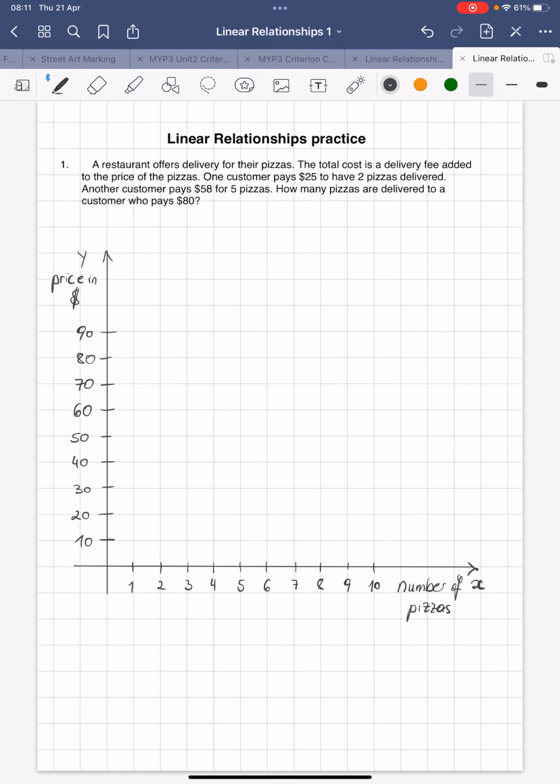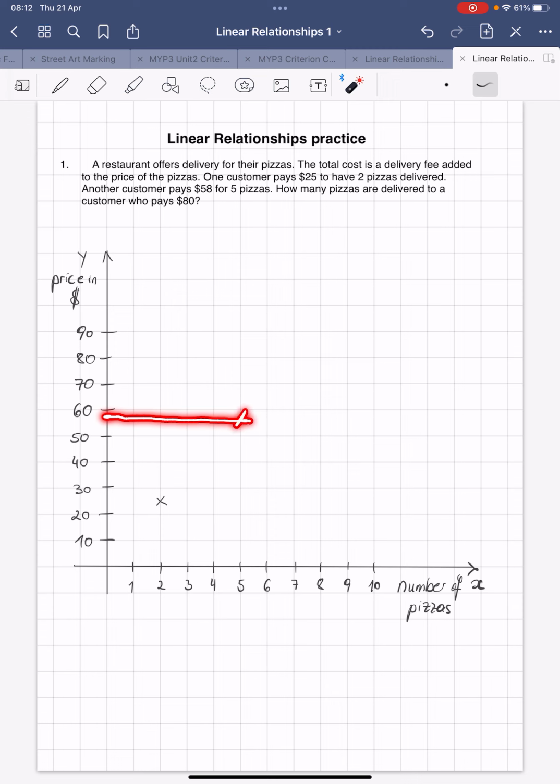So that's where the point is going to go. Right there. Then I have got 5 pizzas for $58. So this is going to be a bit trickier to draw because the 58 is going to be quite tricky to estimate, but we're still going to manage. It's not going to be super accurate, but that's fine for this purpose.